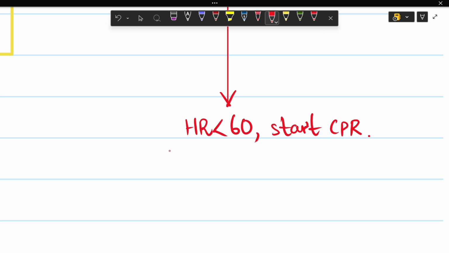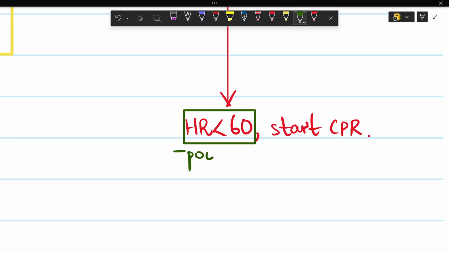now you have to keep this in mind, that regardless of oxygenation and ventilation, you need to perform CPR. Okay, heart rate is the cutoff.